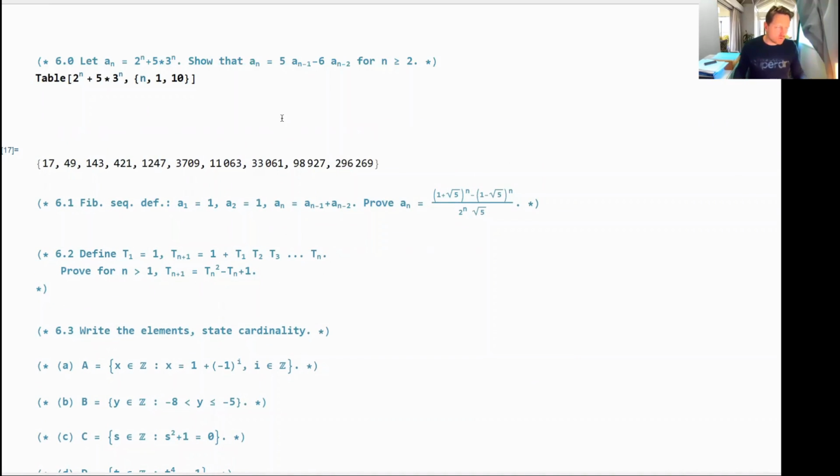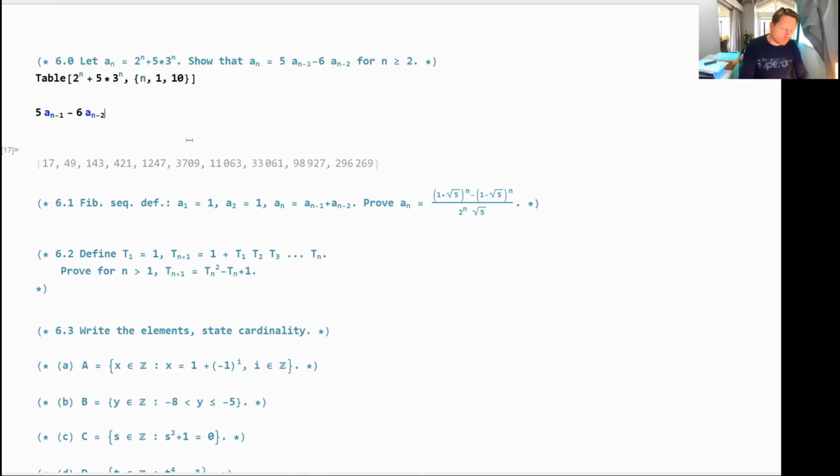We want to show that the recursive form holds, and we're given the closed form right here. So I take the right-hand side of the recursive form that we're to prove, and evaluate it using the closed form, which is the actual definition.